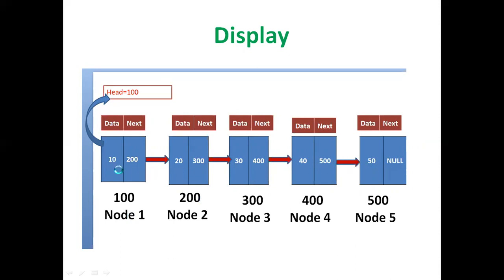Now we can display by using a while loop. Initially assign temp equal to head. By using a while loop we can travel the entire list. 100 arrow data 10, next 200 arrow data 20, again 300 arrow data 30, again 400 arrow data 40, again 500 arrow data 50. Then 500 next is null, meaning there are no nodes after 500.